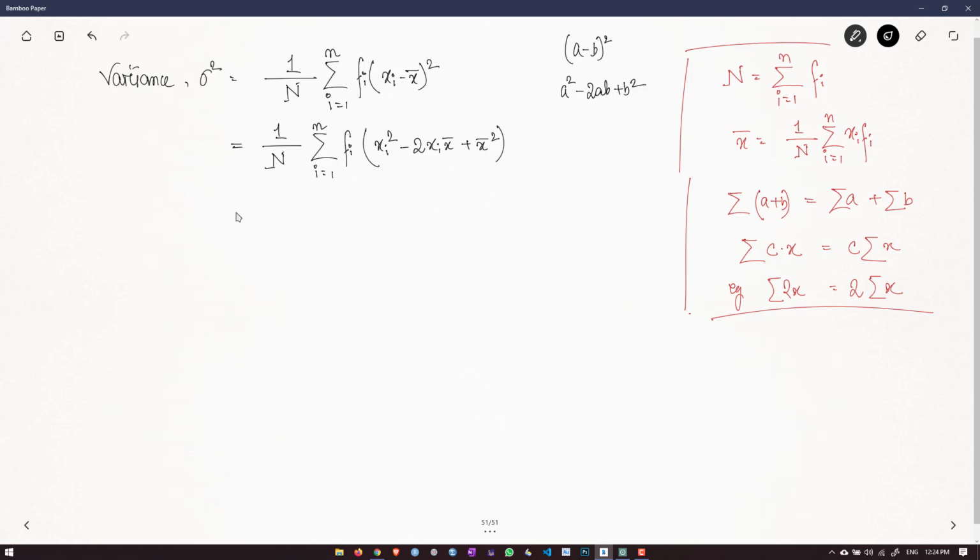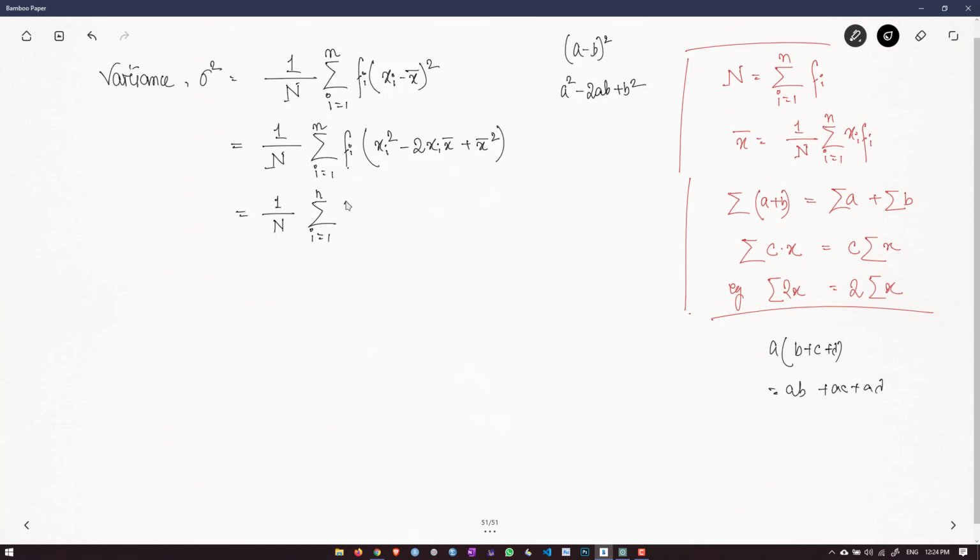Fine. In the next step, 1 by n summation i goes from 1 to n. We will multiply this fi to all of them. Basically we are doing a into (b plus c plus d), this is equal to ab plus ac plus ad. We are multiplying a to all of them.